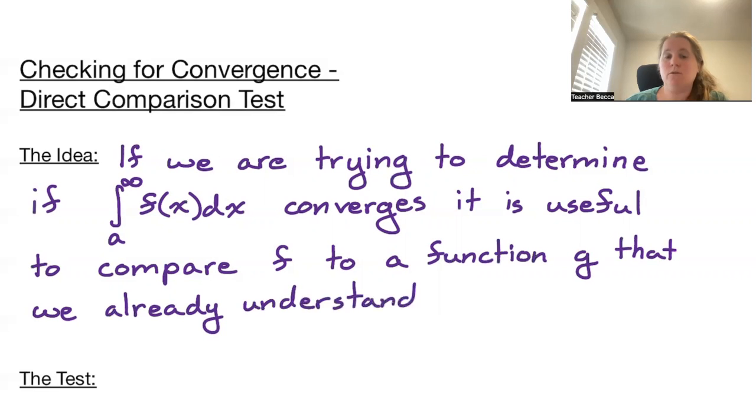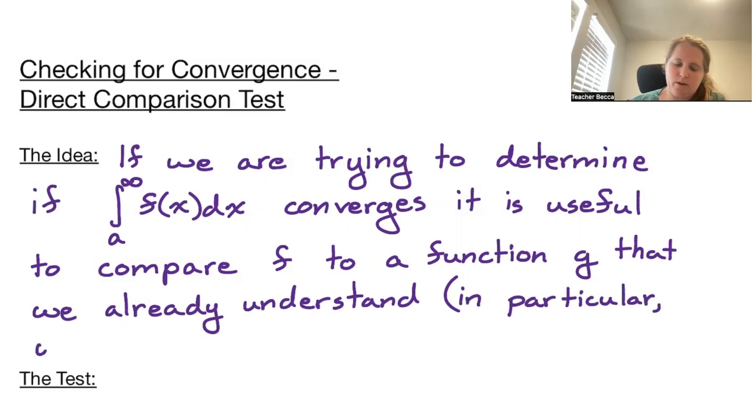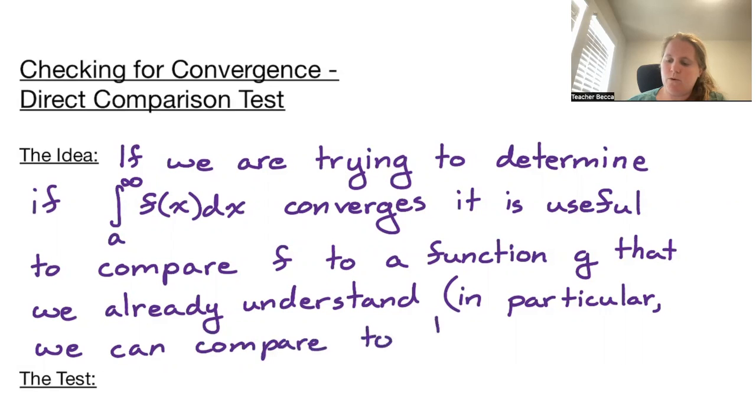And so the most useful ones to do the comparisons for are 1 over x to the p. So in particular, we can compare to 1 over x to the p, since we already have our rules for when those converge or diverge.